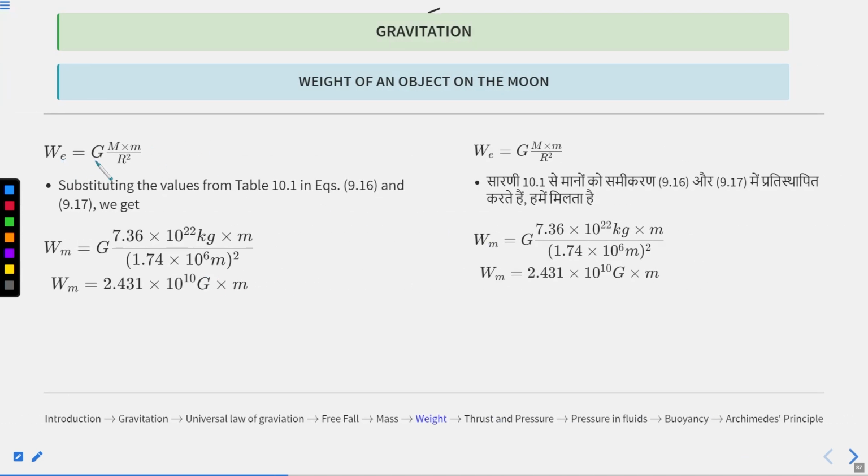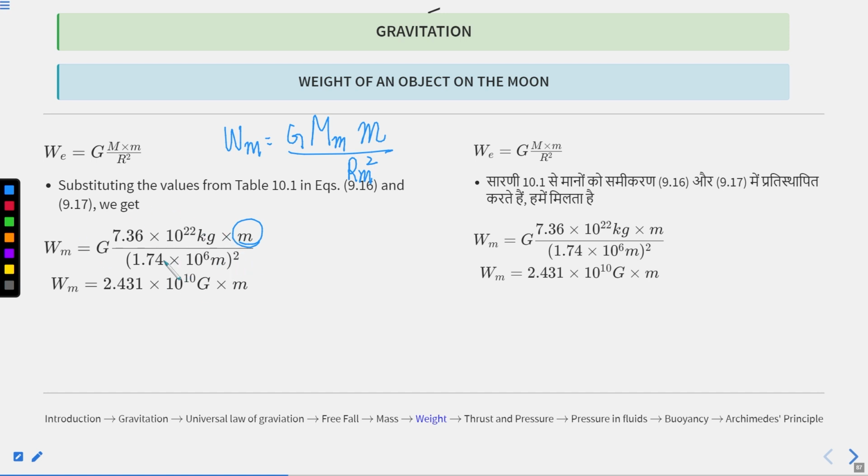So W earth is G Me m divided by R square, and Wm is G Mm into small m divided by Rm square. Mm is 7.36 into 10 raised to the power 22 kg, small m is the mass of the object, and Rm is 1.74 into 10 raised to the power 6, squared.